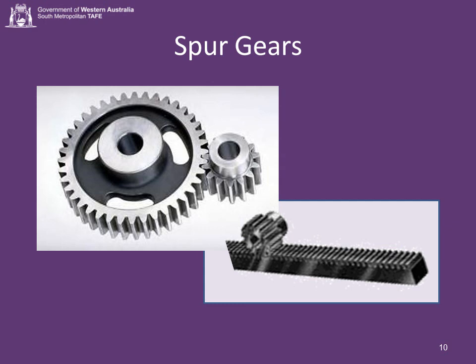Spur gears may run together with other spur gears on parallel shafts, with internal gears on parallel shafts, and with a rack. A rack, such as the one illustrated, is in effect a straight line gear. The smallest of a pair of gears is often called a pinion. The involute profile, or form, is the one most commonly used for gear teeth.